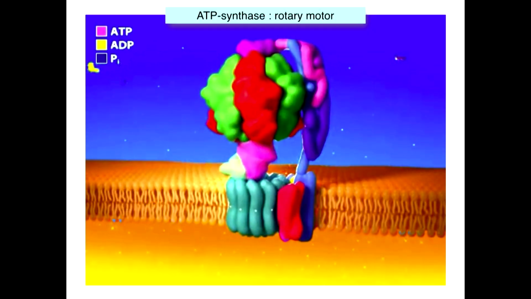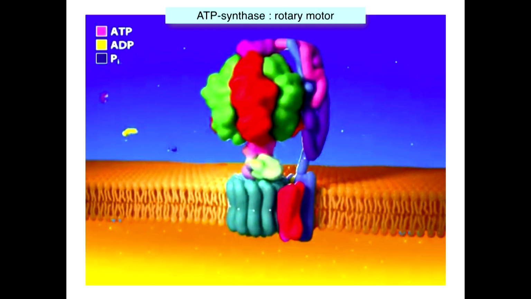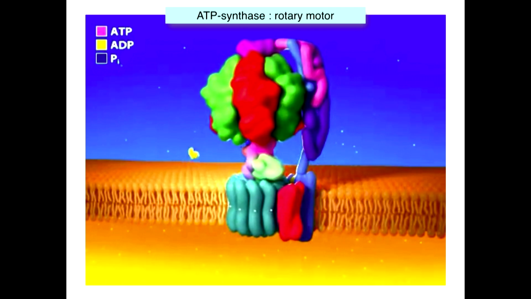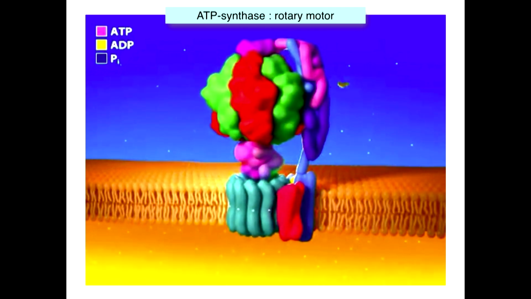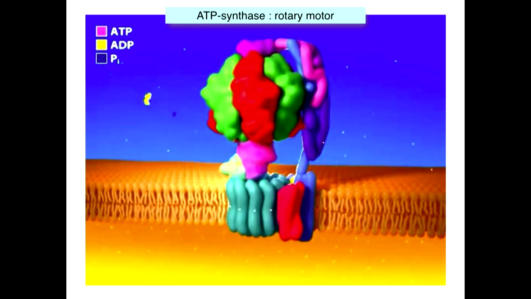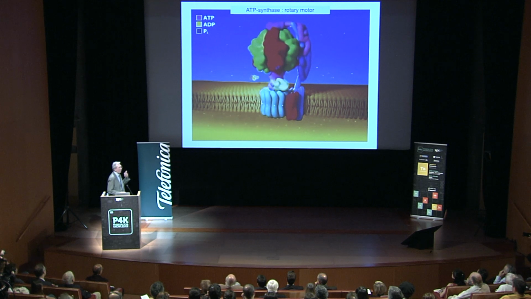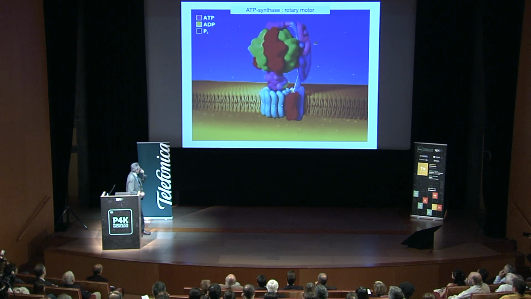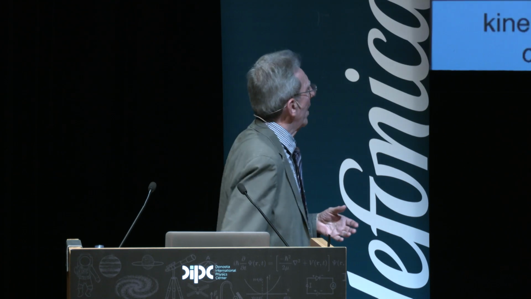One sees them arriving here, ADP and inorganic phosphate, and ATP is made. It's not very fast on the video, but in fact it is much, much faster. It spins at about 80 rounds per second or so, like, let's say, a normal car engine.